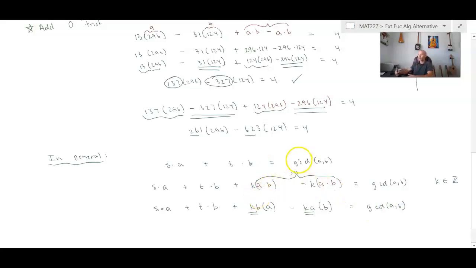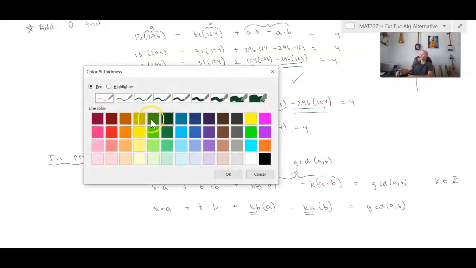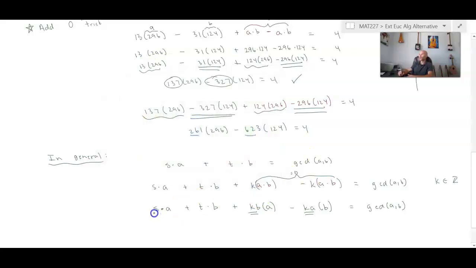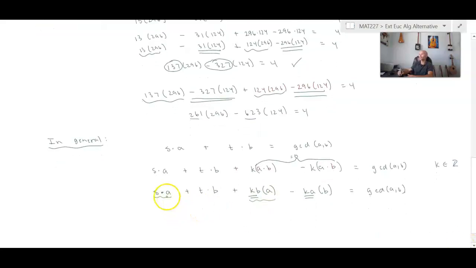Okay, now let's just combine like terms. Let's switch colors here. So here we have S copies of A. Here we have KB copies of A. So how many total copies of A do we have? Well, we have S plus KB more.